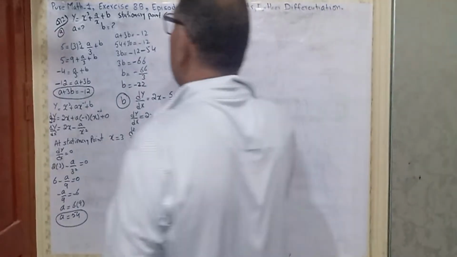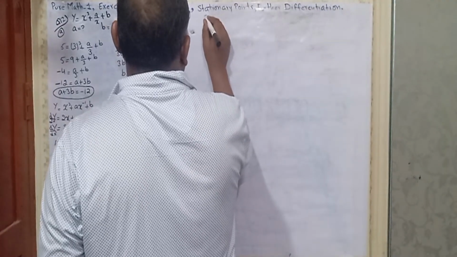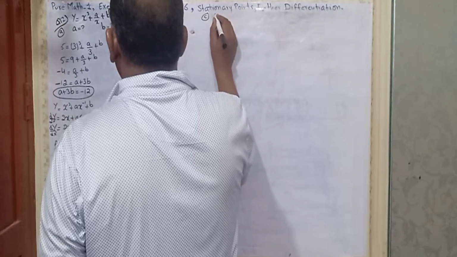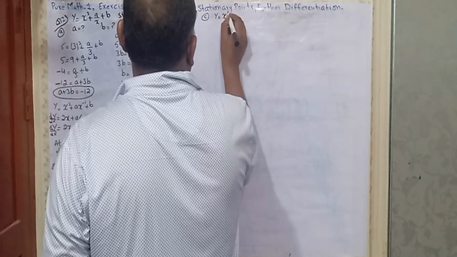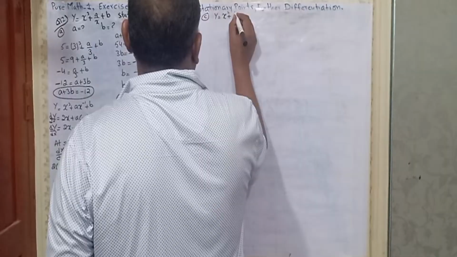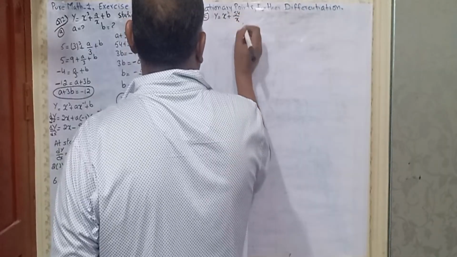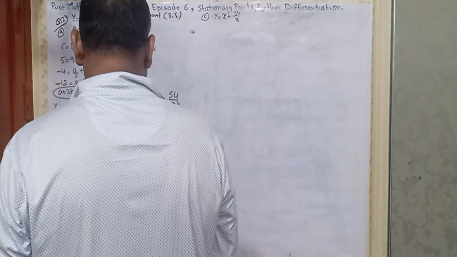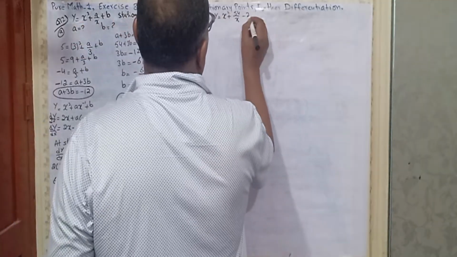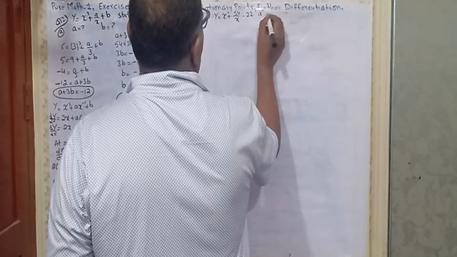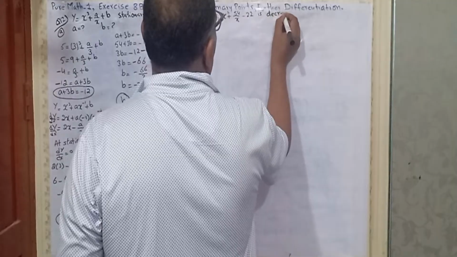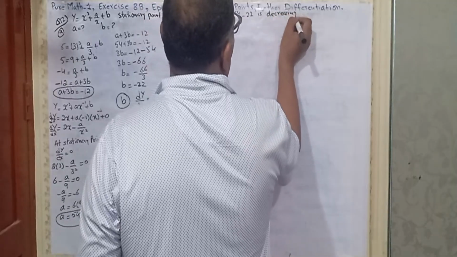The question is that we have to find the range of values of x for which y equals x squared plus 54 by x, and the b value is minus 22, minus 22, is decreasing.